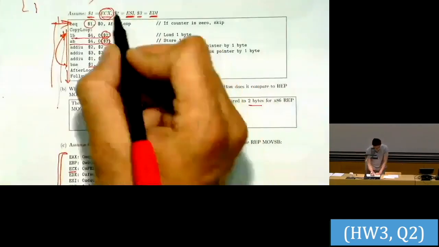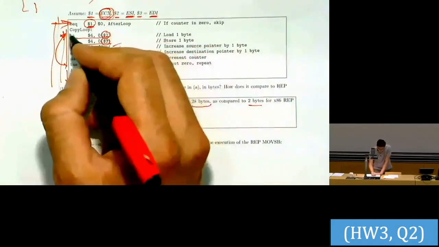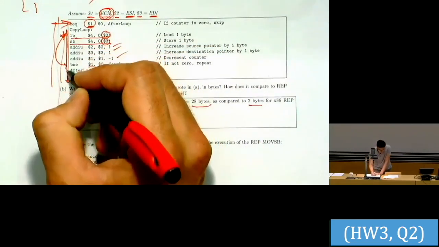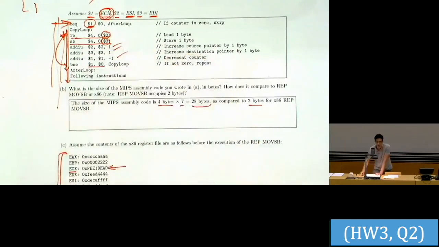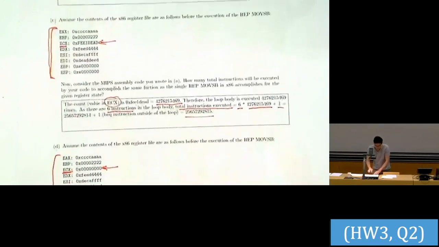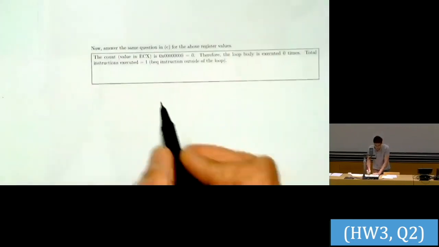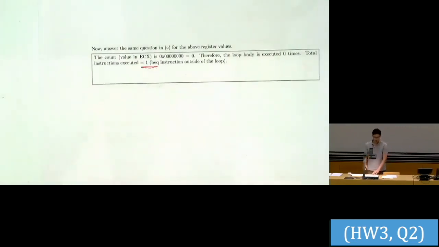If ECX is 0, this register 1 is 0, so we don't execute this loop body any single time. So the total number of instructions that are executed in this case with these contents of the register file is only 1. It's only the first BEQ instruction that you have in the code. Is that clear?